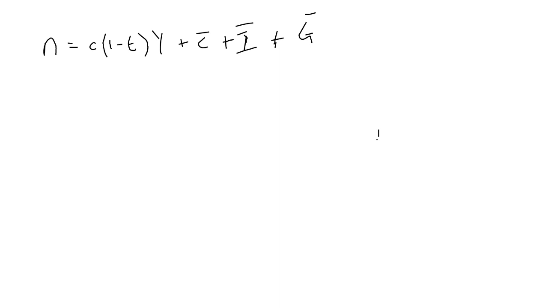There's no systematic relationship between G and Y. In symbols, we express this as G equals autonomous government spending. And then we have our graph there, figure 118.1, that shows that relationship as well. Government spending is not due to income. Instead, it is due to political issues.